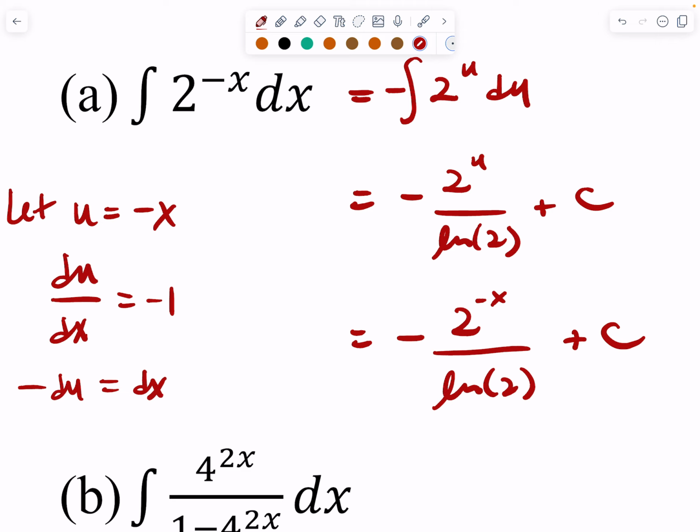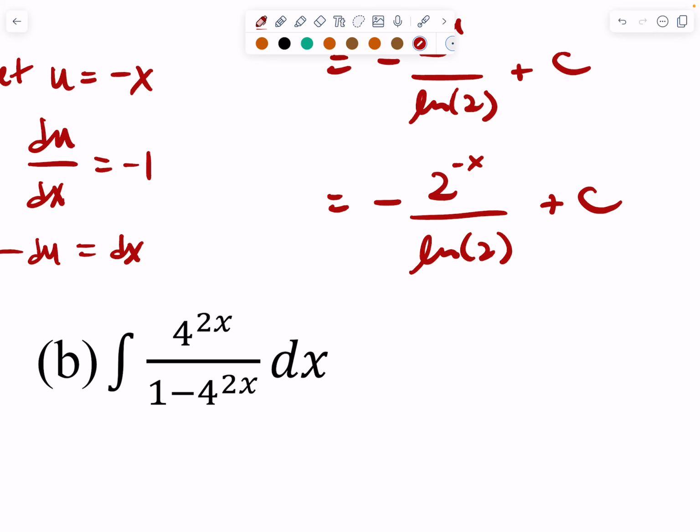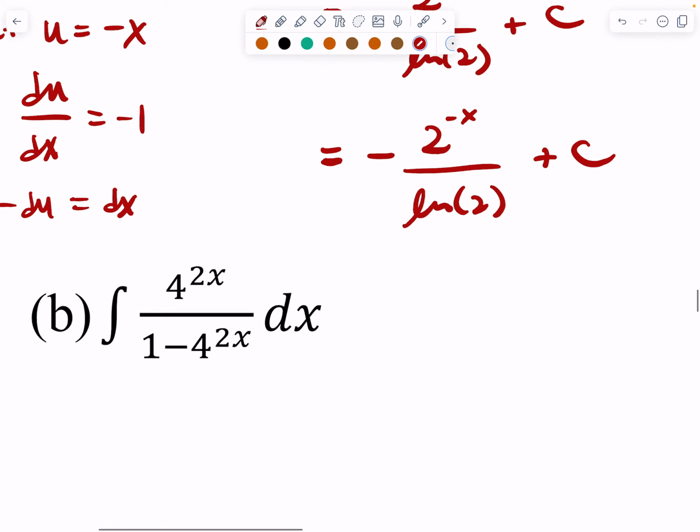And if you wanted to rewrite that without the negative exponent, I guess you could always move 2 to the x to the denominator, although I think for exponential functions, it actually kind of makes more sense to leave the exponent where it is.